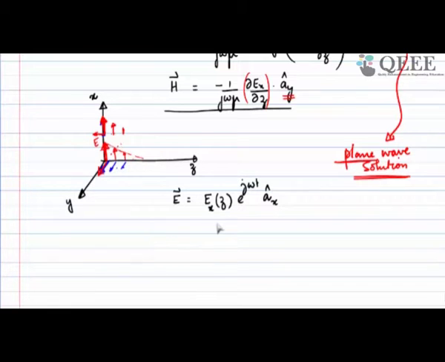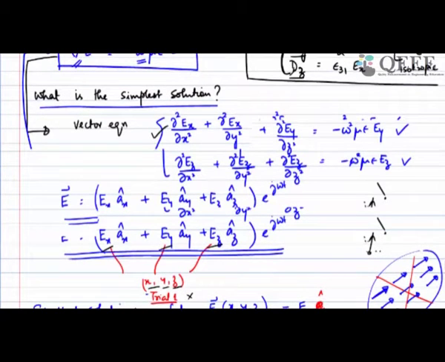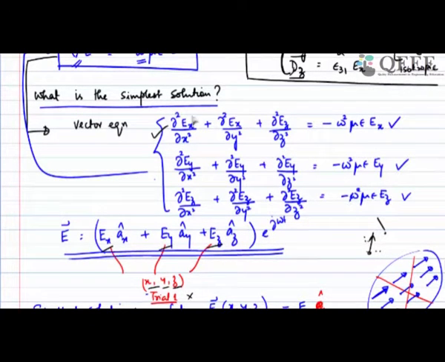And what is my equation? My equation was, remember, del square E is minus omega square mu epsilon E, out of which I have only the x components surviving. There are no y and z components. So the variation is only along the z direction. Out of these 3 equations, I have only the equation for the x component because I don't have the y and z component.